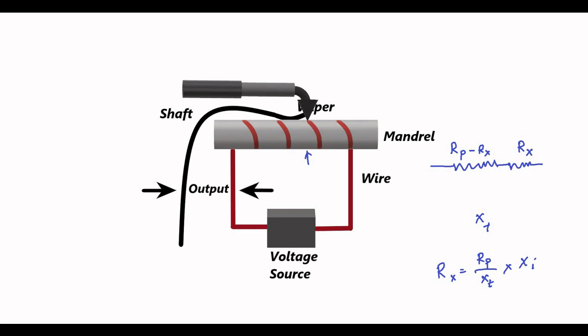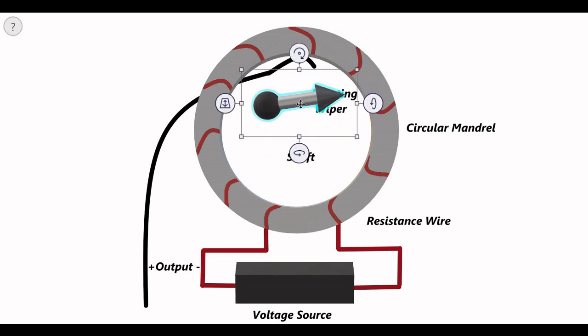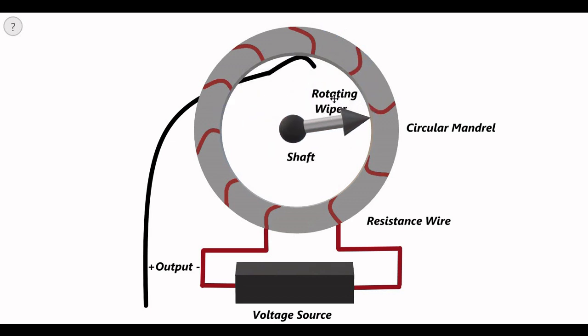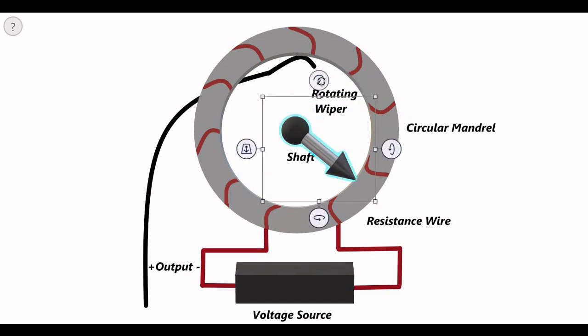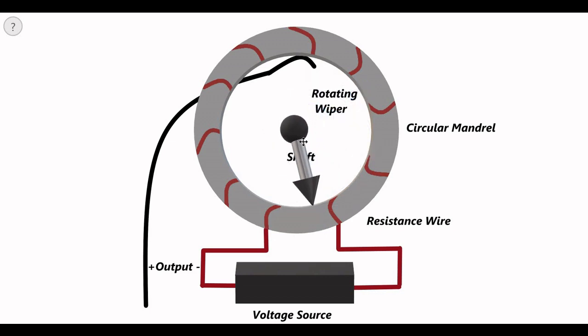Same is the case for the rotary potentiometer. Here this is the rotating shaft and wiper arrangement. As this rotates and moves to different positions, so does the black wire, and as a result this whole resistance is split into two parts.